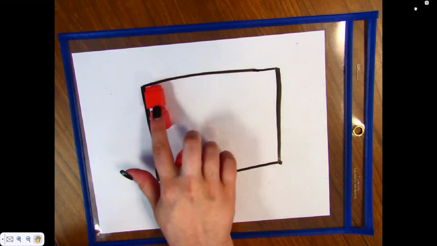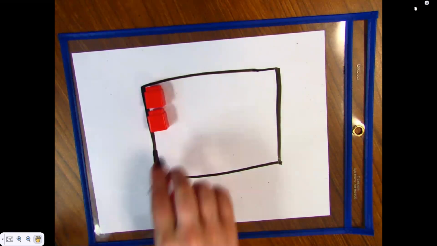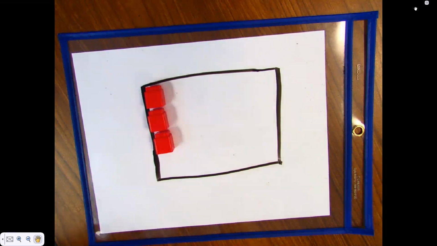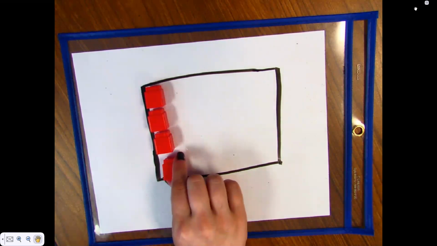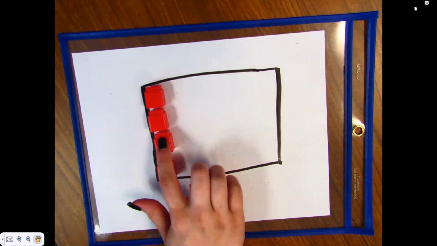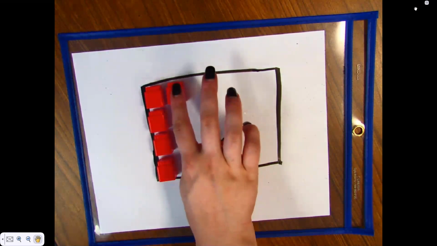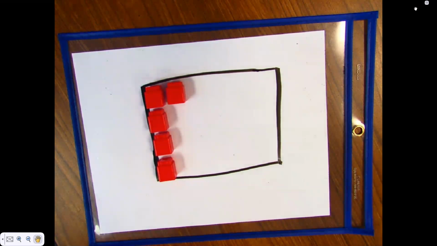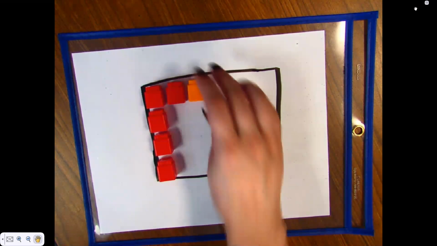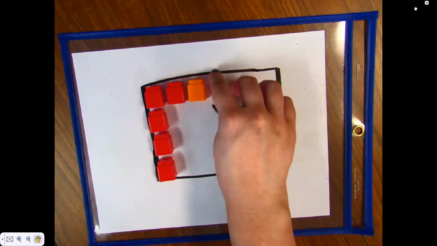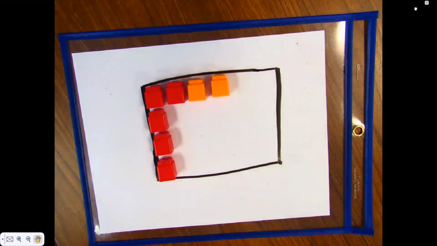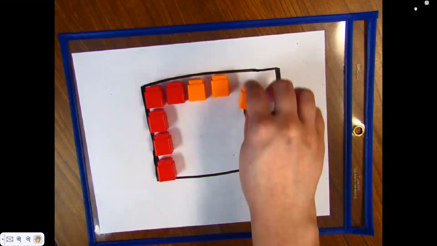I want to know the space that's inside my rectangle. Well, in order for me to know the space inside my rectangle, I have to know the area. Okay, so there's 2 different ways I could find this.